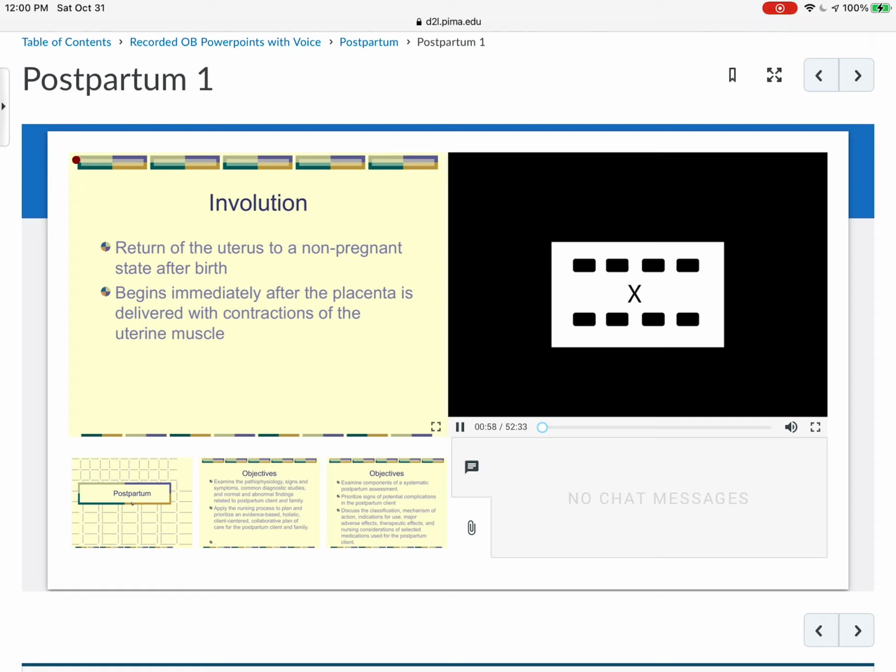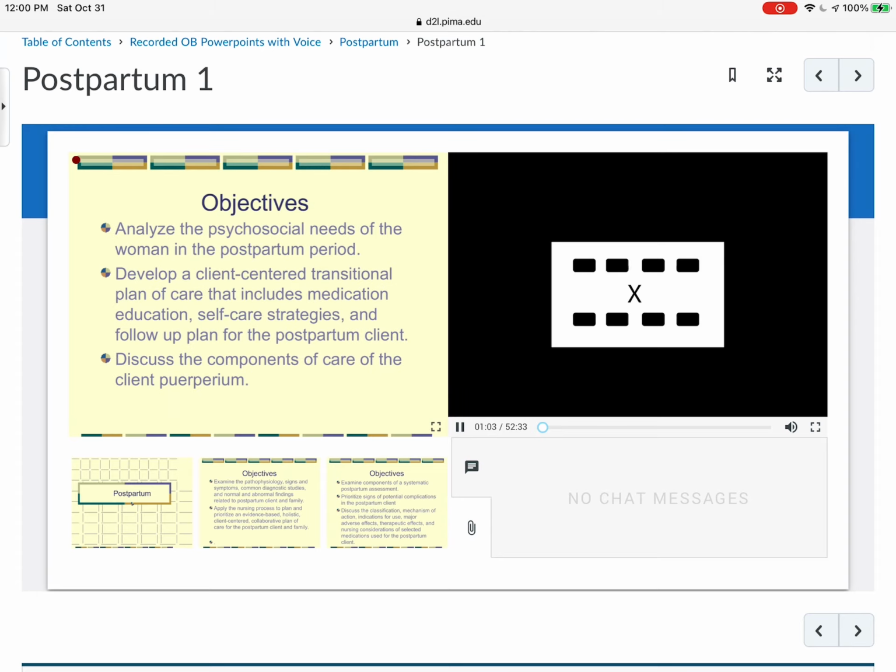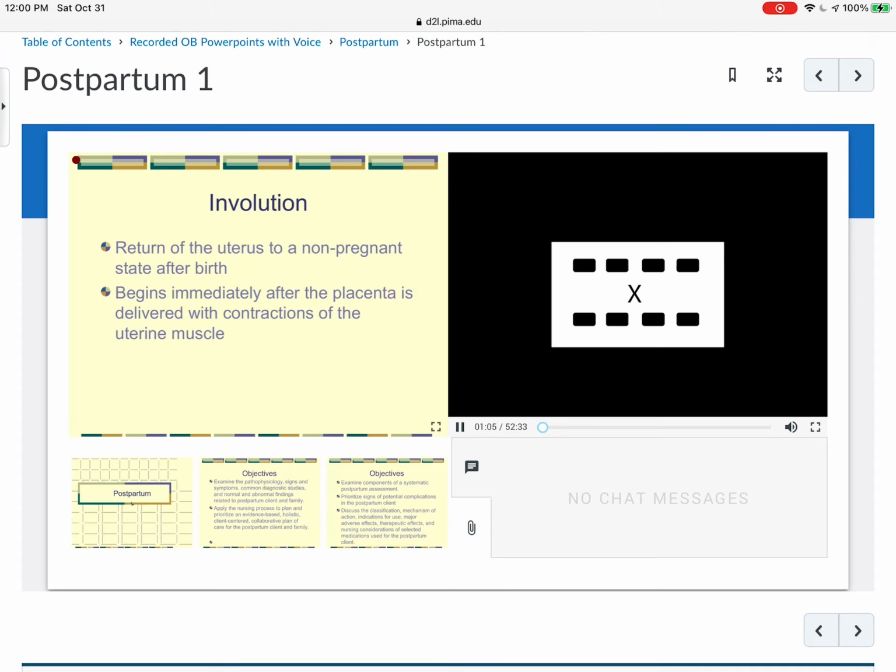When we talk about the postpartum client, we're talking about so many changes that occur. Think about when a client is pregnant and her whole body is focused on a couple of things the minute she gets pregnant: making sure the baby gets what it needs to grow and also preparing for delivery.